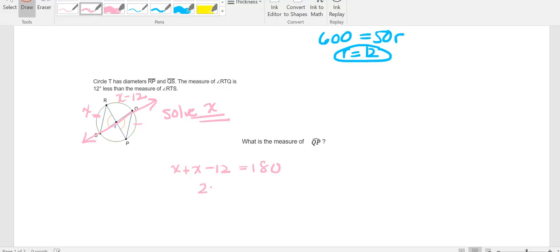Then we solve the equation: 2x minus 12 is equal to 180. I'm going to add 12 to the other side, giving me 192, and then solve for x by dividing by 2. So x is equal to 96. Since arc RS is the same as QP, arc QP is also equal to 96 degrees.